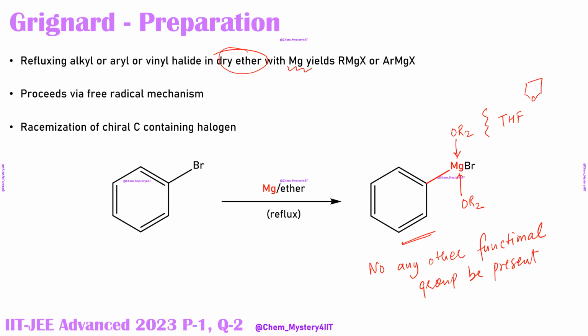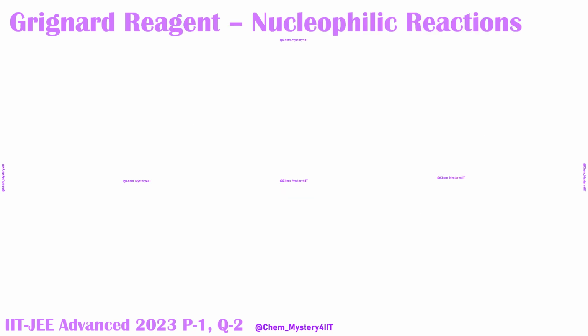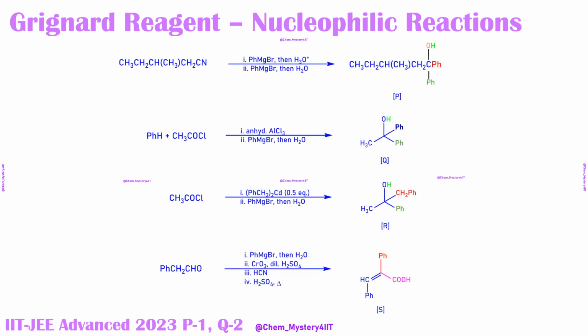That is the idea. Now talking about the reactions, we have written all the products of these different reactions, and we'll go into details in these reactions one by one. This is compound P which has been formed.